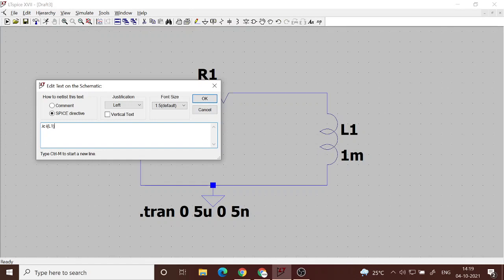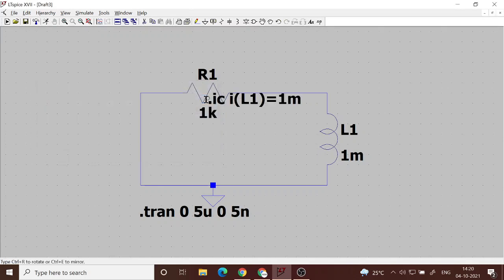There was an initial condition which was not 0, and let's say that current is flowing downward, and its value, let's say that it's equal to, you can give any value, but let's say 1 milliampere. Okay, so 1 milliampere current is flowing at time t equal to 0. So whatever we say with dot IC, we are specifying for time t equal to 0. That is what we call as initial condition.